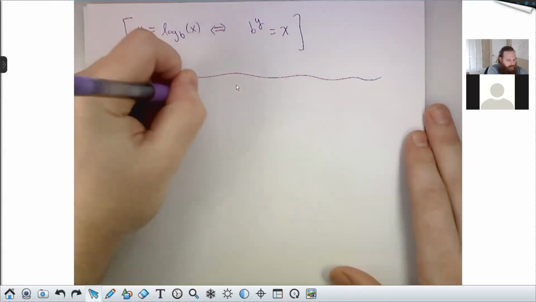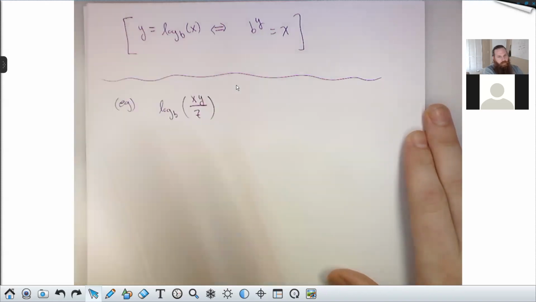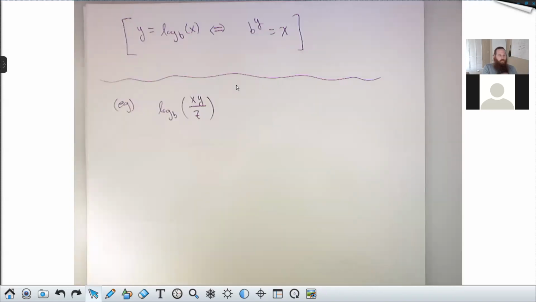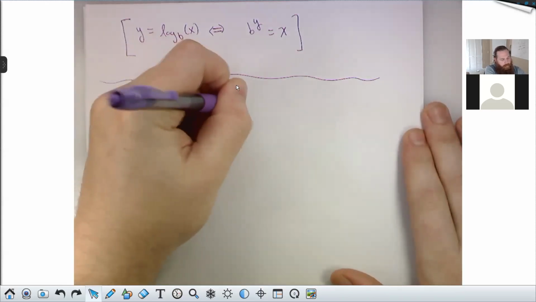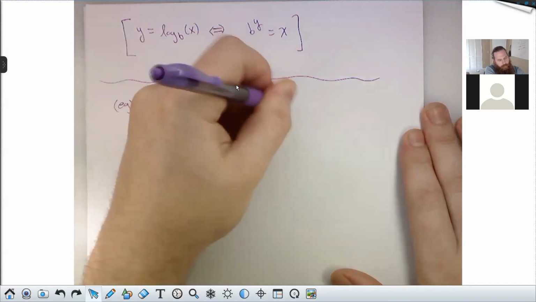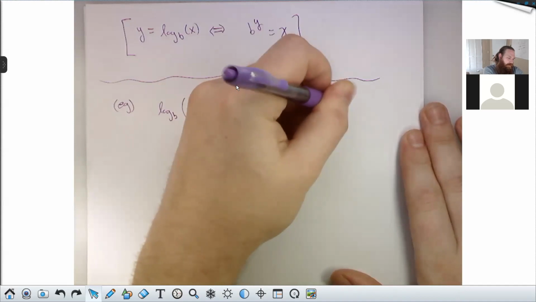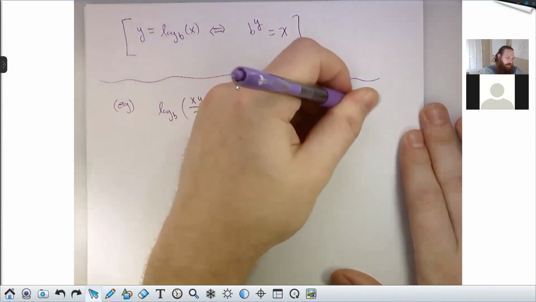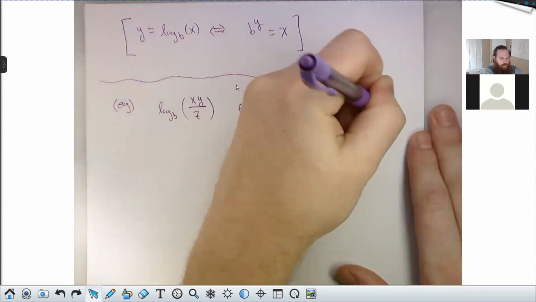So this is x, y over z, like this. And if this were a question that I was asking you, I might say expand using log properties as much as possible.